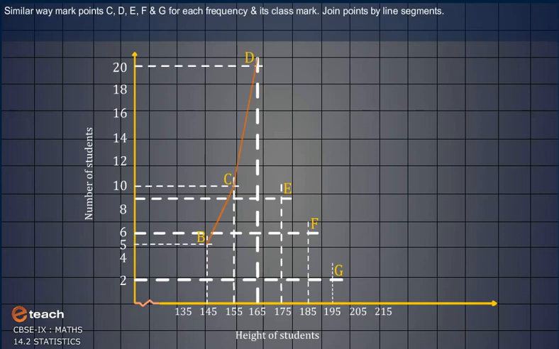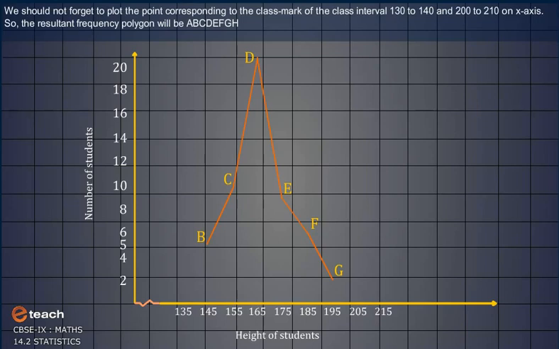Join the points by line segments. We should not forget to plot the points corresponding to the class marks of the class intervals 130 to 140 and 200 to 210 on the x-axis. So the resultant frequency polygon will be A, B, C, D, E, F, G, H.